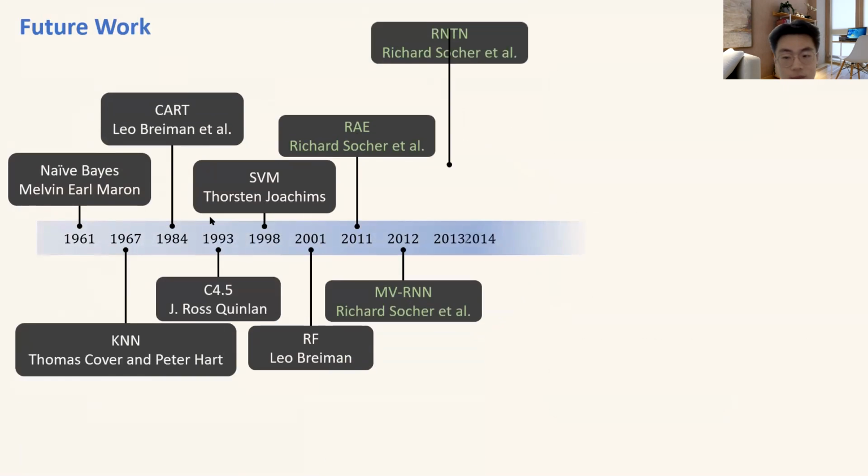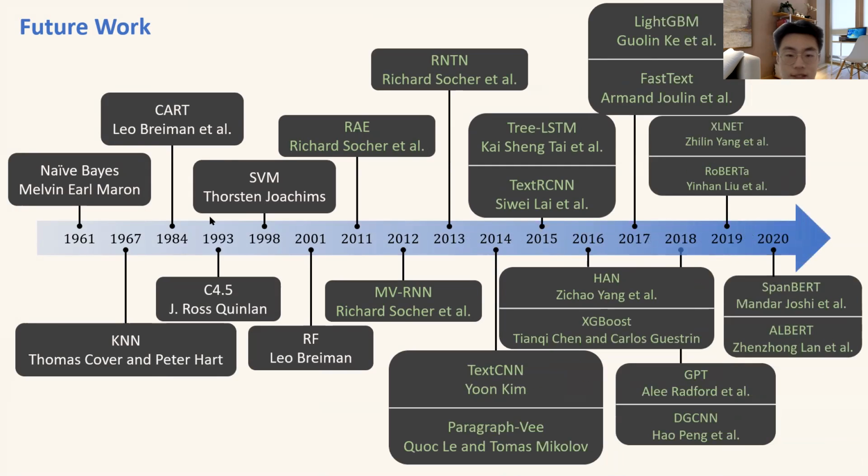This is a timeline for the research of text classification. As early as 1961, the field of text classification began to develop. A few years later, the famous KNN model was brought out by Thomas Cover and Peter Hart. This model is still very popular today.